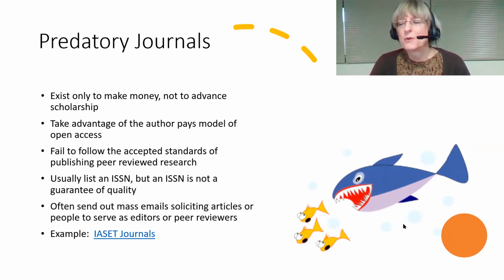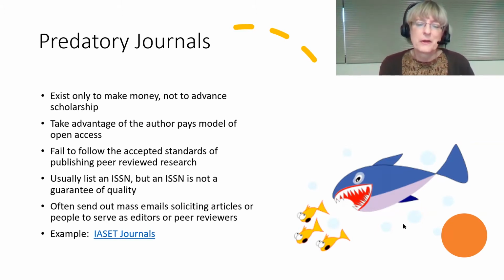They claim to have peer review, but usually they claim the peer review is so fast that it's really impossible. Like they'll say it'll be peer reviewed in a week. And in the real world, you just don't get legitimate peer review in just a week.